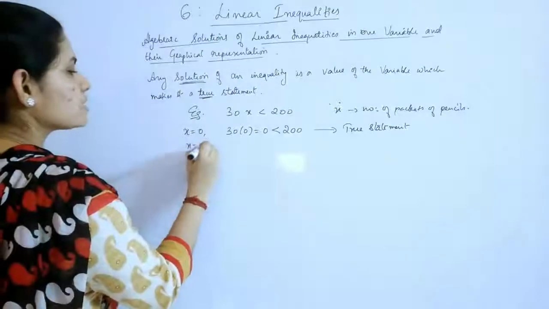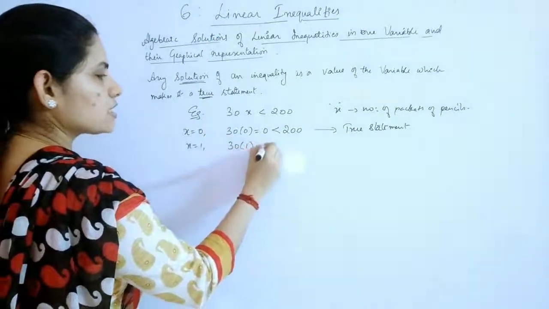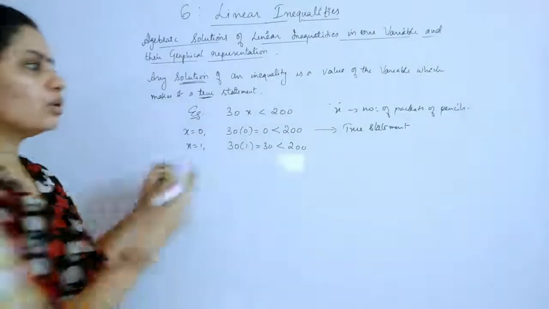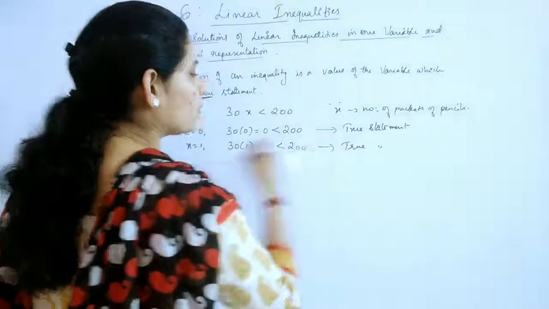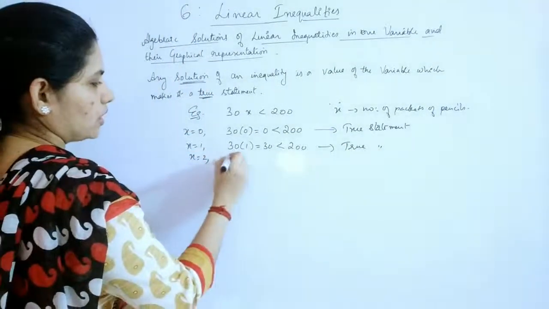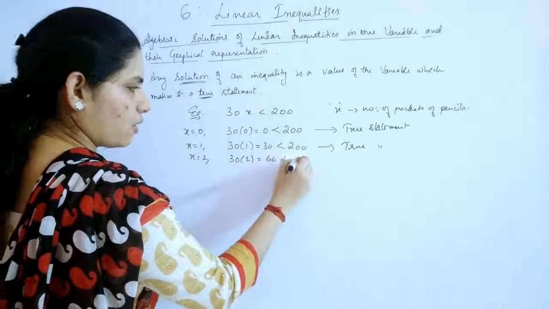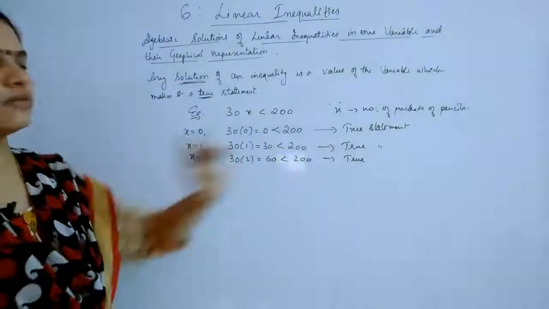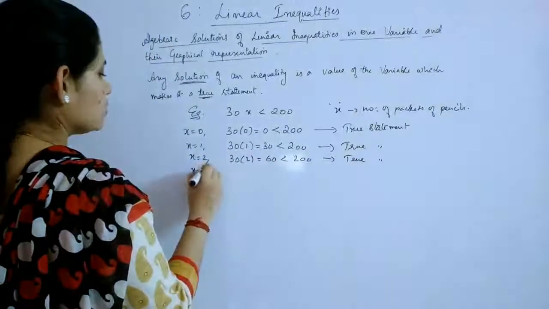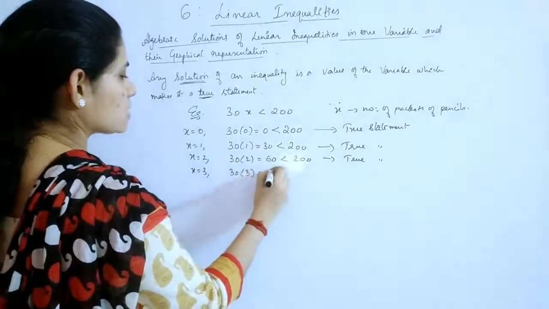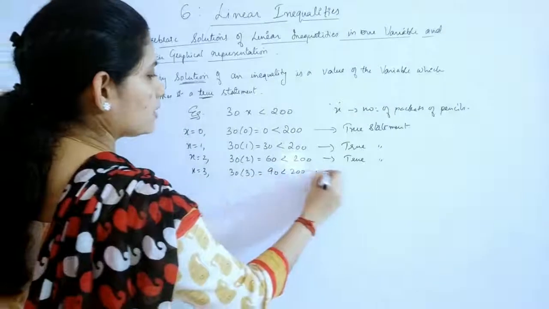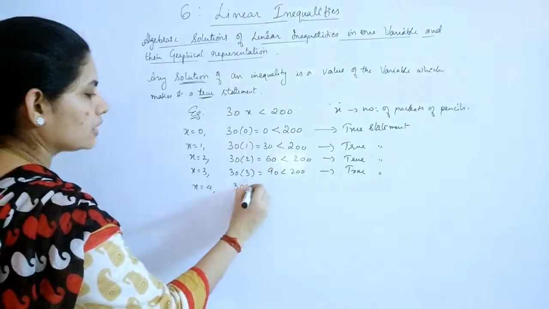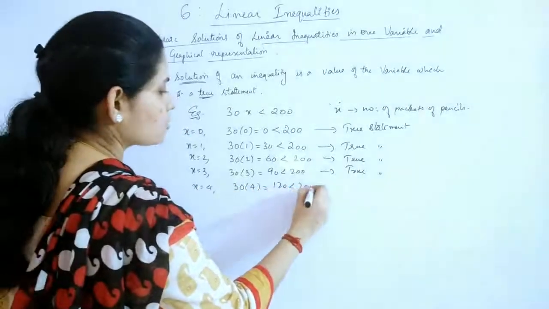Now if I substitute x equal to 1, it gives 30 into 1, which is 30, and 30 is less than 200, so this is also a true statement. x equal to 2 gives 30 into 2, which is 60, less than 200, true. x equal to 3 gives 90, less than 200. x equal to 4 gives 120, less than 200, true.